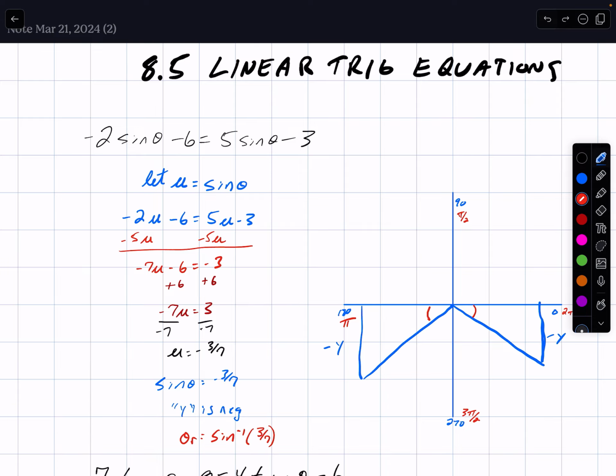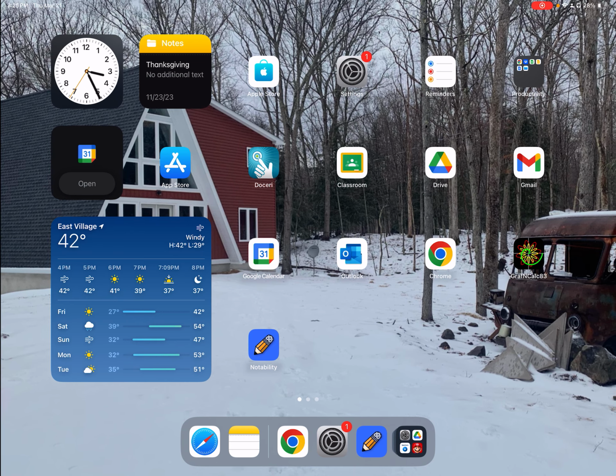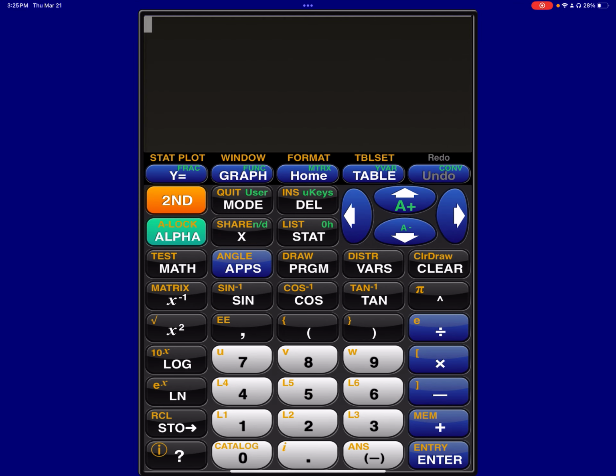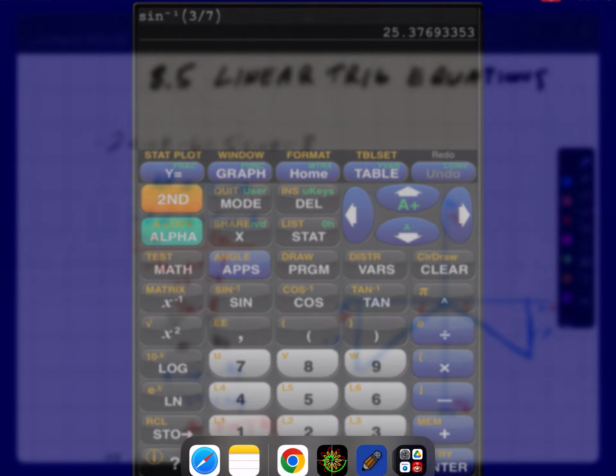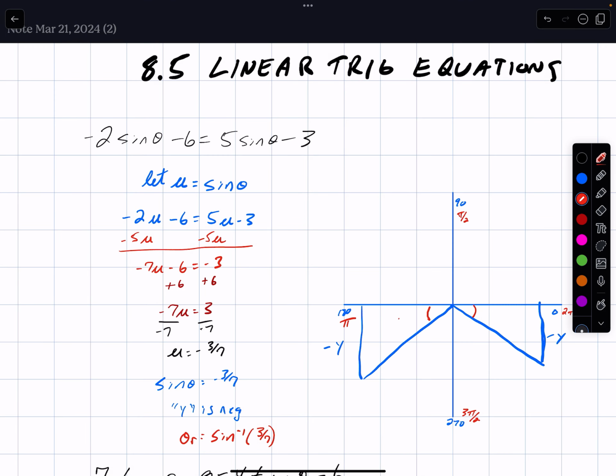So I use positive 3/7 and hit the sine inverse of positive 3/7. I'm going to get 25.4 degrees if I round.